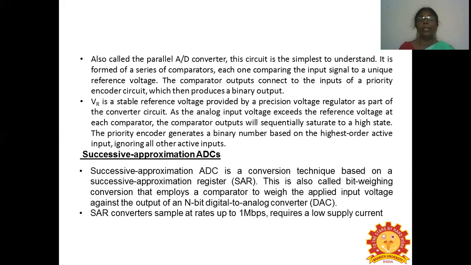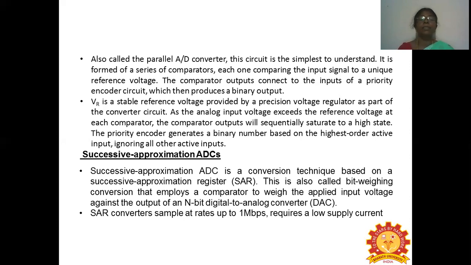The priority encoder generates a binary number based on the highest order active input, ignoring all other inputs. If the input voltage applied to the comparator is lesser than the reference voltage, the comparator output is sequentially saturated to a low state value.